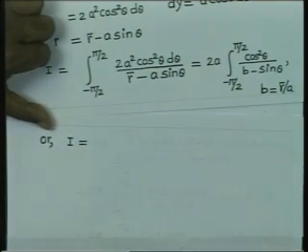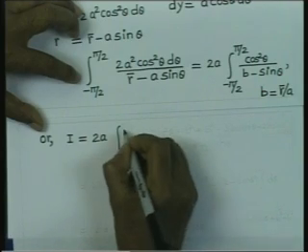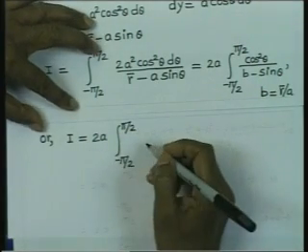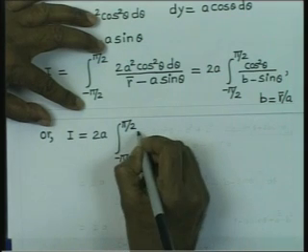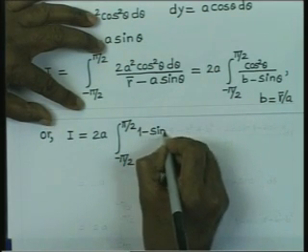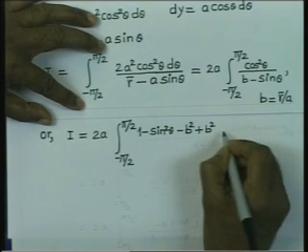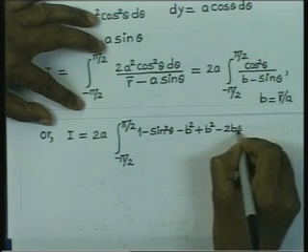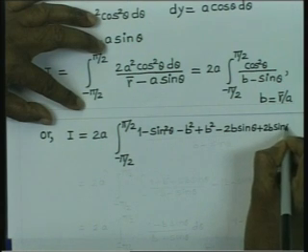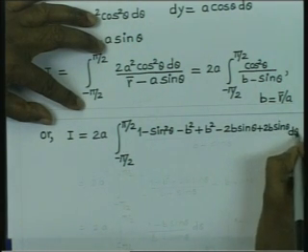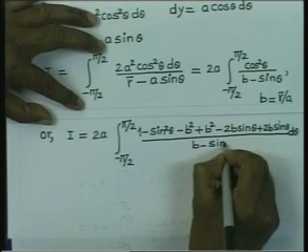If we do little manipulation, we get I is equal to 2a, integral from minus pi by 2 to pi by 2, of 1 minus sin square theta minus b square plus b square minus twice b sin theta plus twice b sin theta d theta, and the denominator is b minus sin theta.